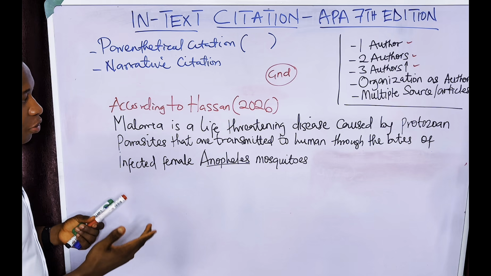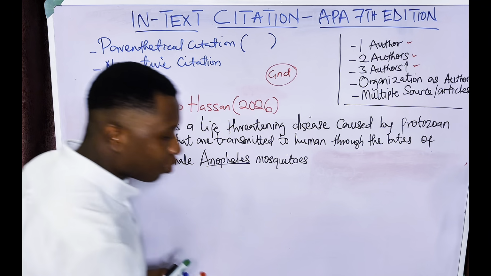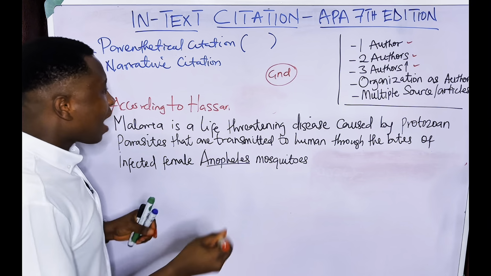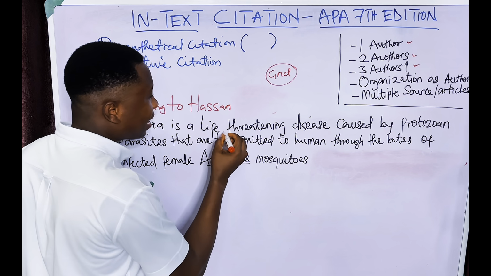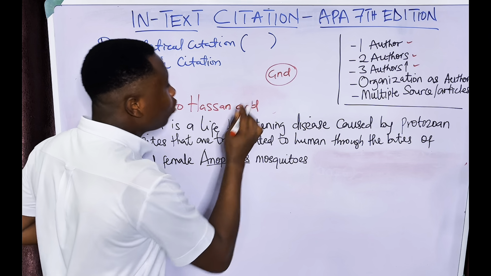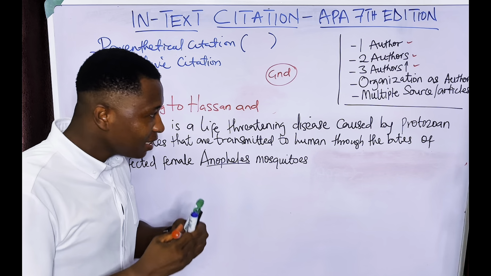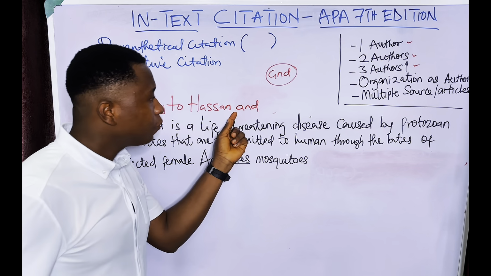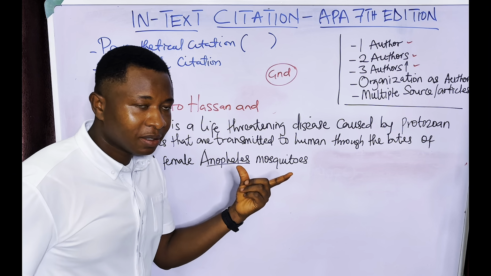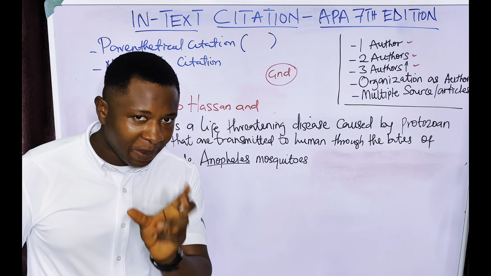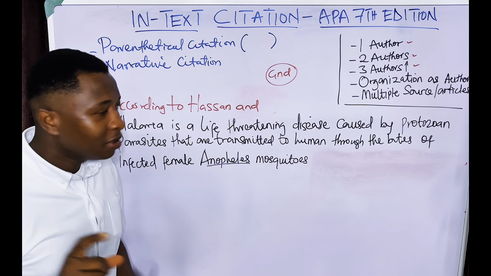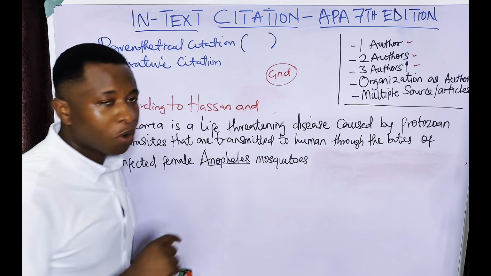But let's look at two authors now. For two authors, we will have Hassan and. For the narrative citation, the difference is that when you are citing two authors, you use the full word and not the ampersand. So you're not using the ampersand sign, you're using the full word.